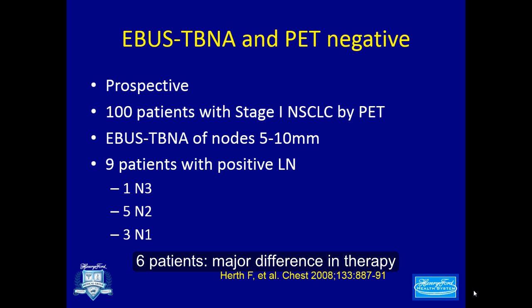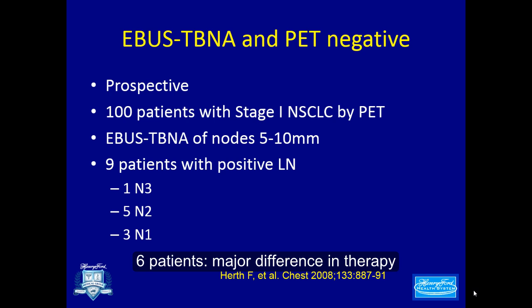So here I've got maybe a unique pushback from Zane: if he sees something in the mediastinum between 5 and 10 millimeters that is PET negative, he wants you guys to go after it first. And correct, as I said, there's not enough data right now to support saying that every single patient, even at stage 1, should or shouldn't go for mediastinal staging.